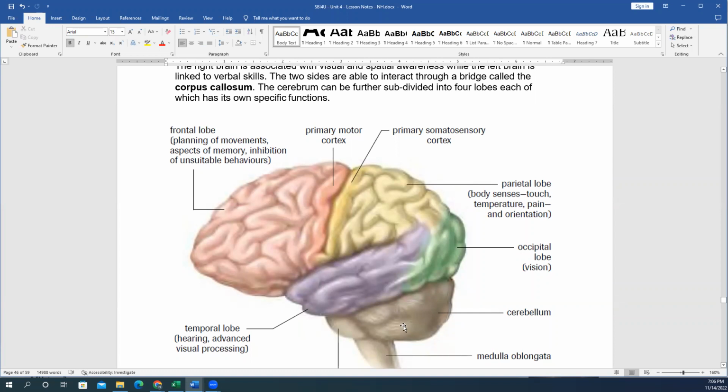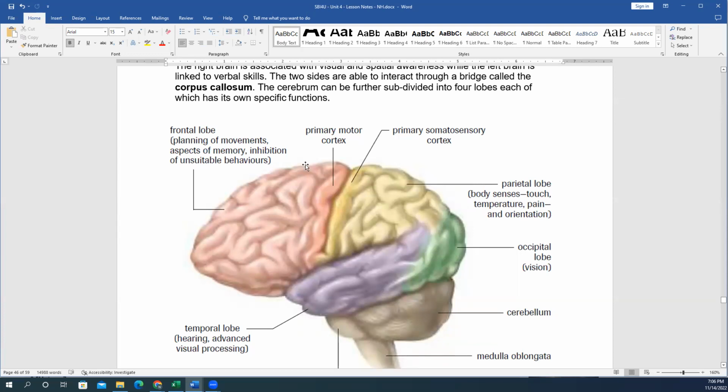Sorry, the cerebrum, and that's the part that coordinates that sensory information. And in humans, also speech and reasoning and memory, these all are found in this area, in the cerebrum, in the forebrain.